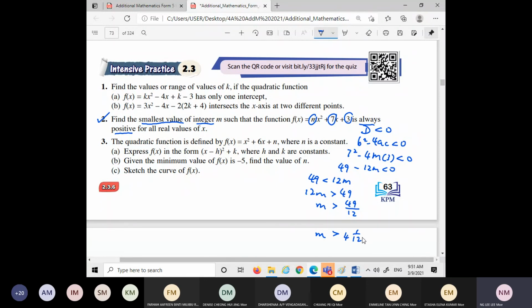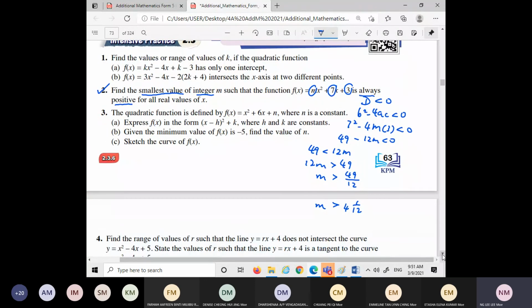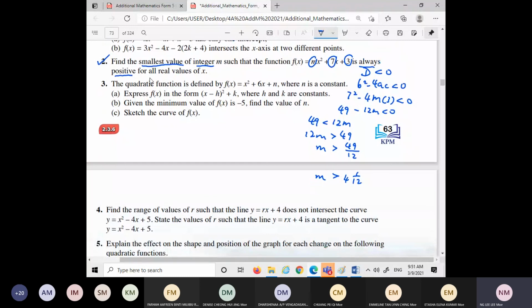So now, how do we analyze to get the final answer? They want the smallest value of the integer. m is greater than 4 point something, and is an integer, so your m is 5, 6, 7, 8, and so on.